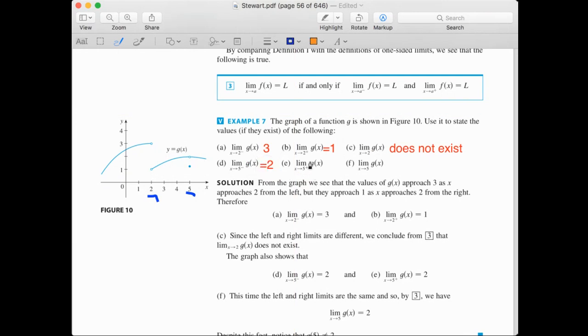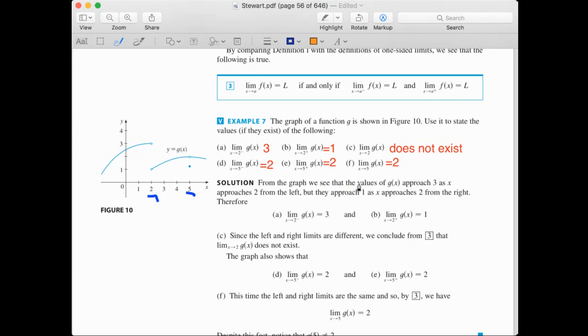Over from the right, it also equals 2. So what do we conclude about the limit of g when x approaches 5? Yes, they do agree. So we conclude that it equals 2.